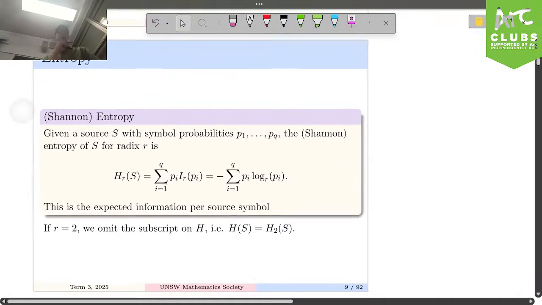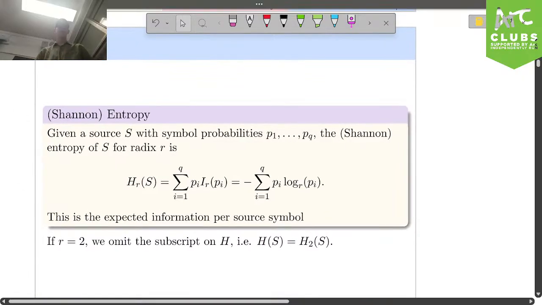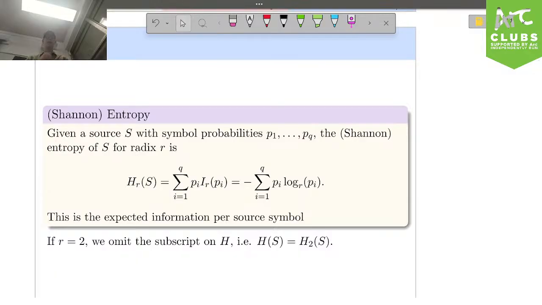Okay, so in terms of now the entropy, we will be talking about what is going to be the expected value of our information.